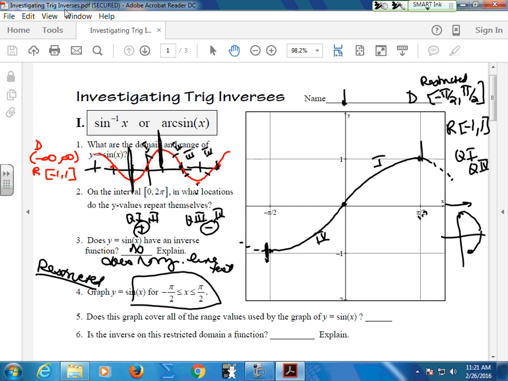Your 1 would be over here somewhere. So your y equals x line would have to go here. Do you see what I'm saying? Let's give it a try. If this is pi over 2, in your calculator, do pi divided by 2. What do you get?